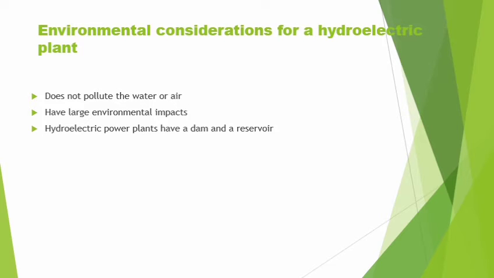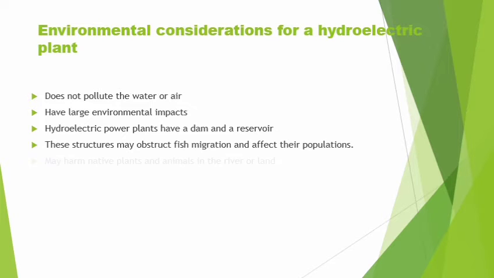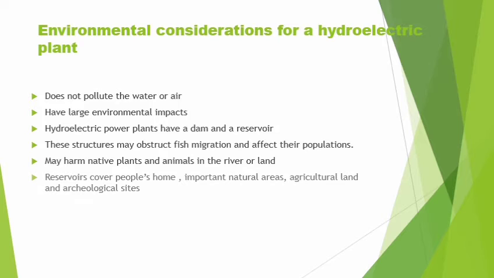Most hydroelectric power plants have a dam and a reservoir. This structure may obstruct fish migration and affect their population. Operating a hydroelectric power plant may also change the water temperature and the river flows. This change may harm native plants and animals in the river and on land.